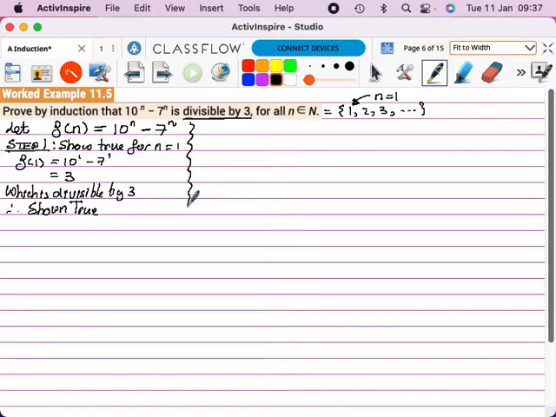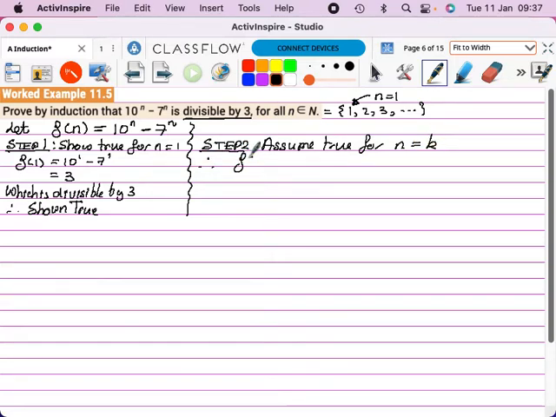So over here, trying to keep space used up at a premium. Step 2, assume true for n equal to k.